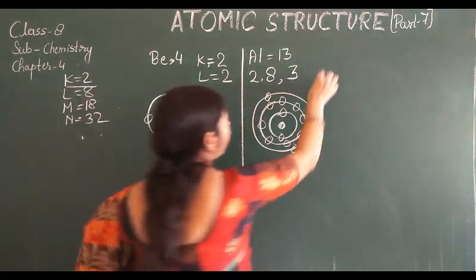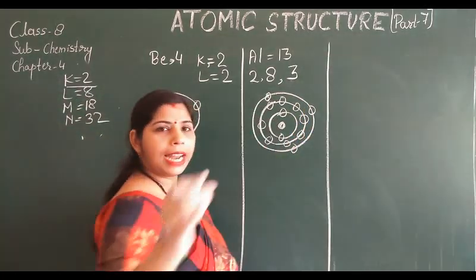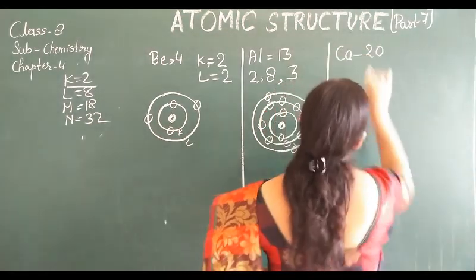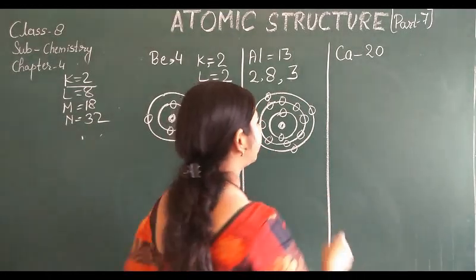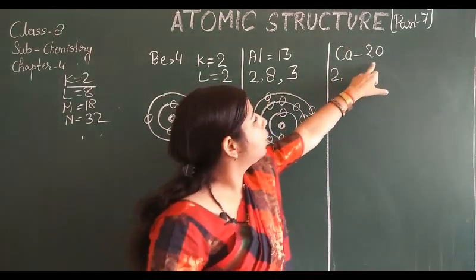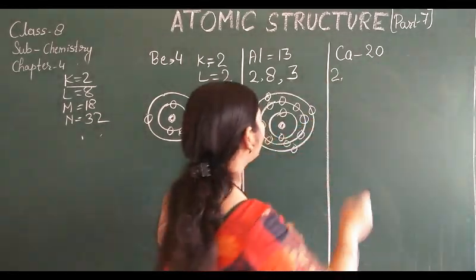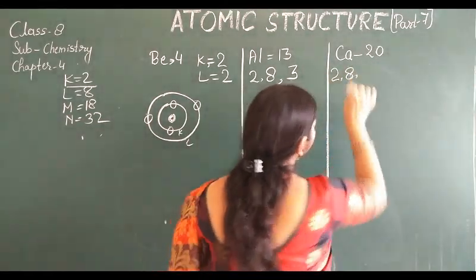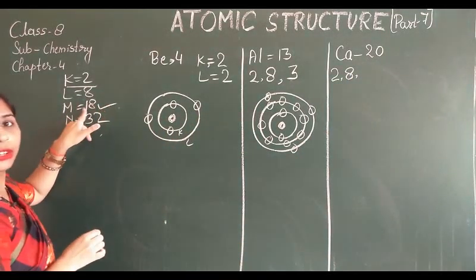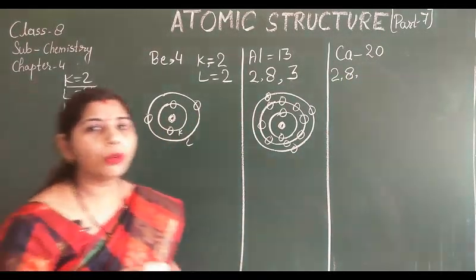Now take one more example, that is calcium, whose atomic number is 20. Now how we can fill this? Here first 2, after 2 we are having 18, so again 8. Now the third shell can accommodate 18 electrons, but we cannot put 18 electrons.